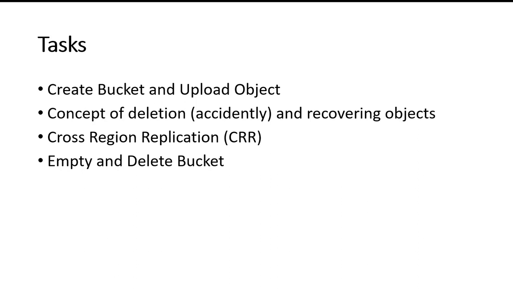Then we worked on how to create cross-region replication, CRR, from one bucket to another, and then how to empty and delete the bucket. All these tasks were done using the Amazon Management Console. You can work with the Amazon CLI as well, the command line interface, where you can complete all these steps.